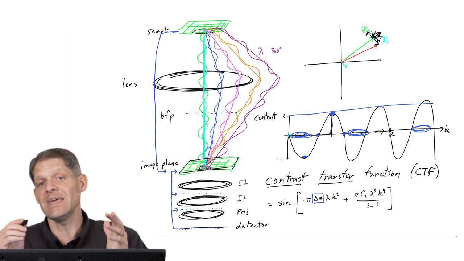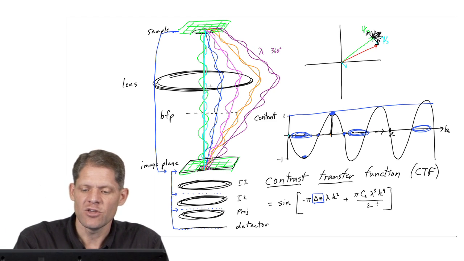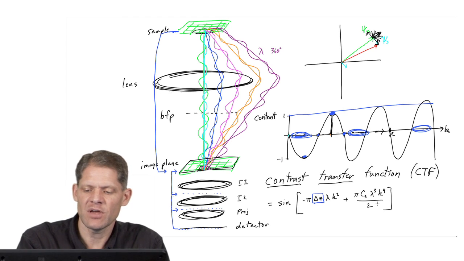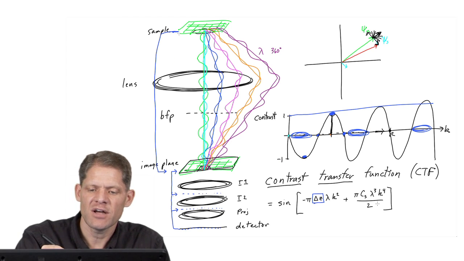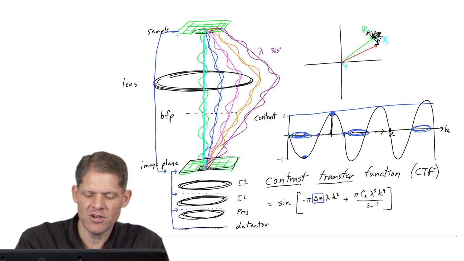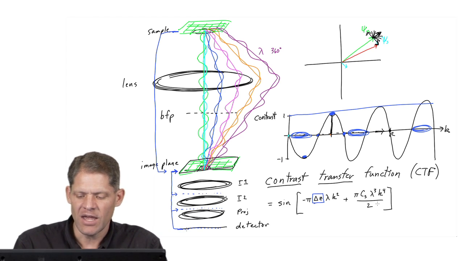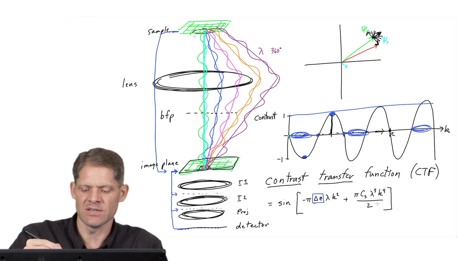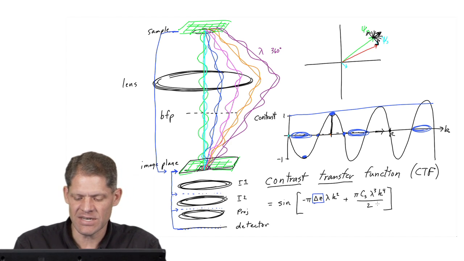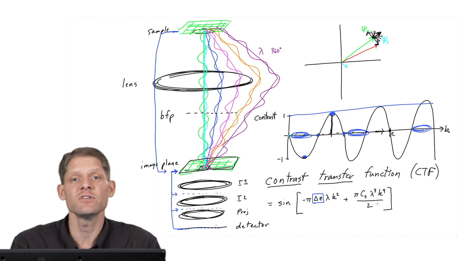Now, if you want to take an in-focus image, you adjust the strength of the objective lens to cause the sample plane to be conjugate to this special plane that is conjugate to the detector, in which case your sample is ultimately conjugate to the detector and you get an in-focus image.